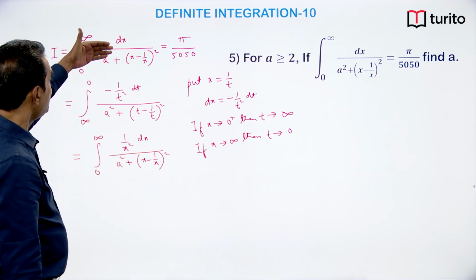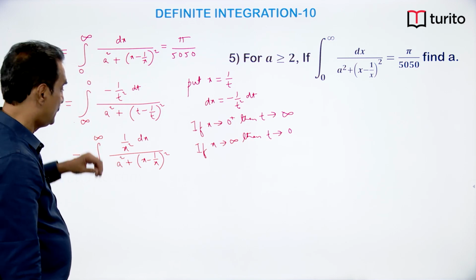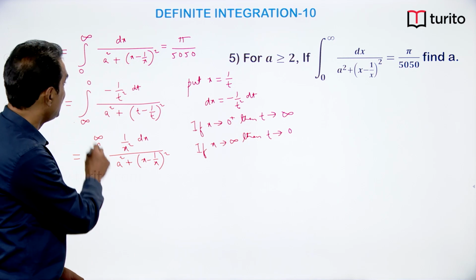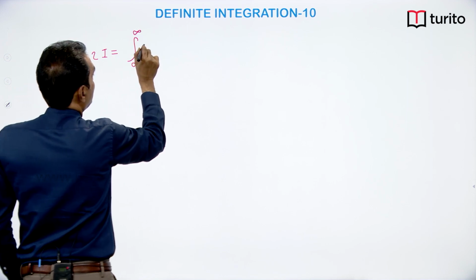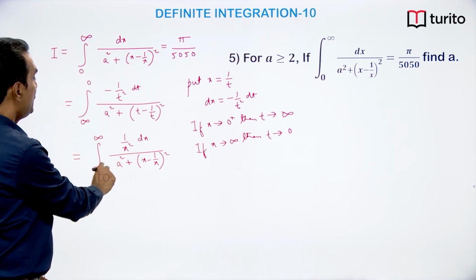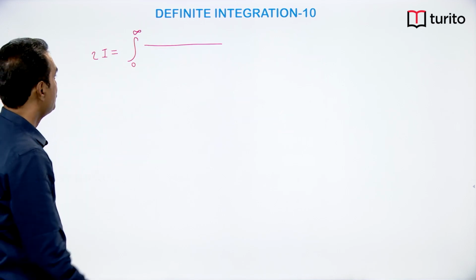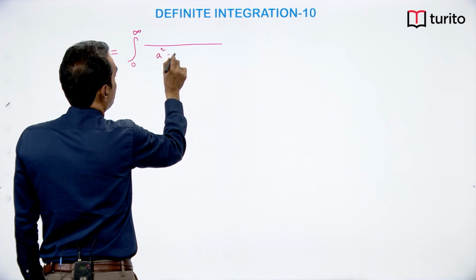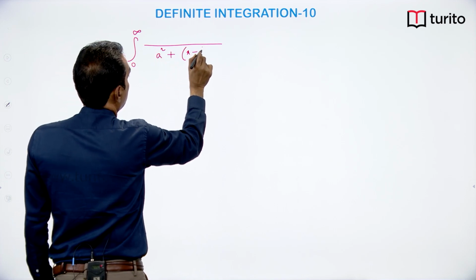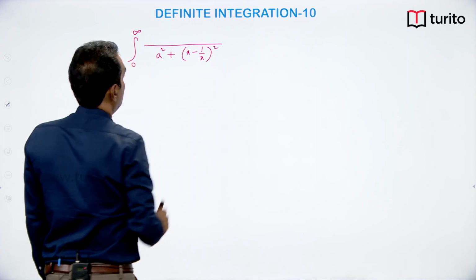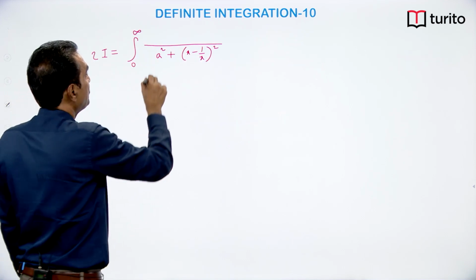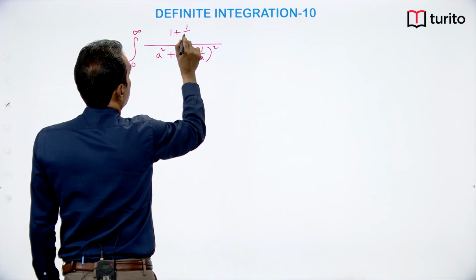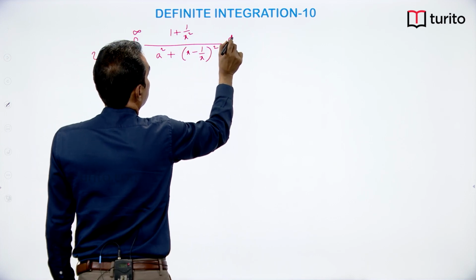Now adding this integral and this integral, because denominator is same, 2I is equal to integral 0 to infinity, write the common denominator a square plus x minus 1 by x whole square. And what is the sum of the numerators? 1 plus 1 by x square, dx.